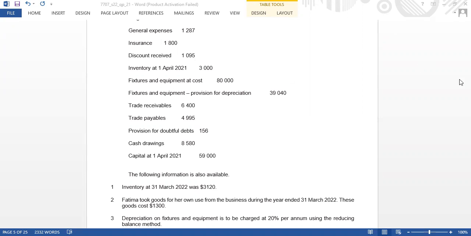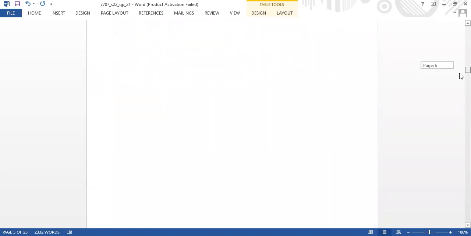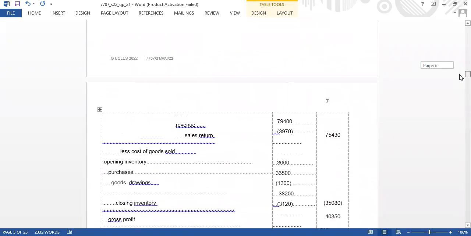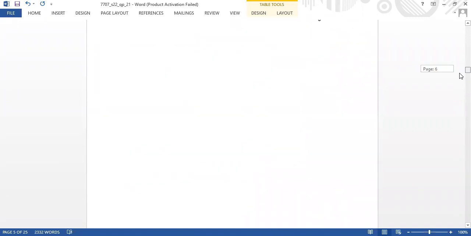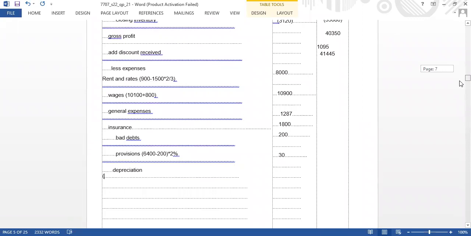That will give us the carrying value or net book value, at which we'll apply the depreciation of 20%. Okay, depreciation of 80,000 minus 39,040 multiplied by 20%. That will give us 8,192.